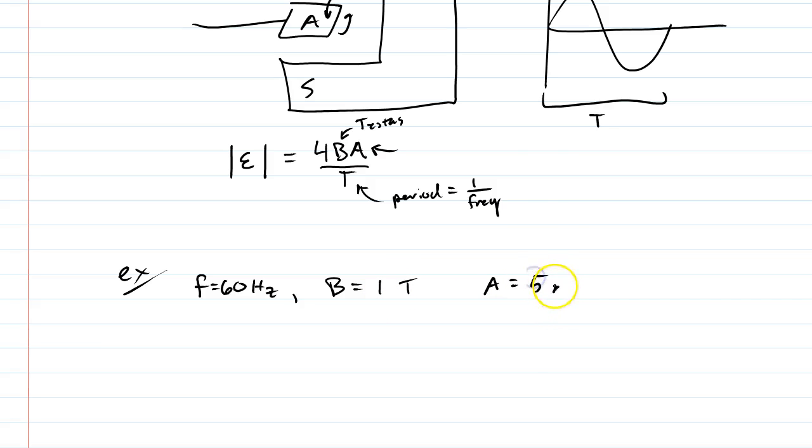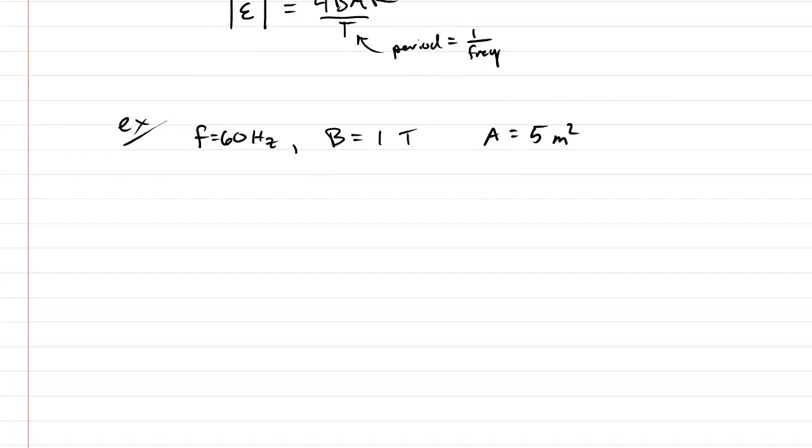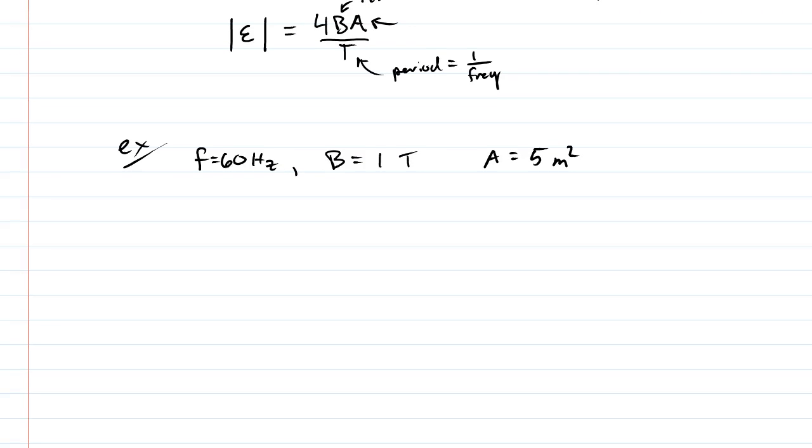We're going to have something like 5 meters squared of coil, and let's just estimate kind of what the voltage generator would be. So the absolute value there is just kind of a nicety. Basically, we're just going to be doing 4 times 1 times 5 all divided by the period. Now back up here I said that the period is actually 1 over the frequency, and they're giving us the frequency, so we can write this as 1 over 60 hertz.